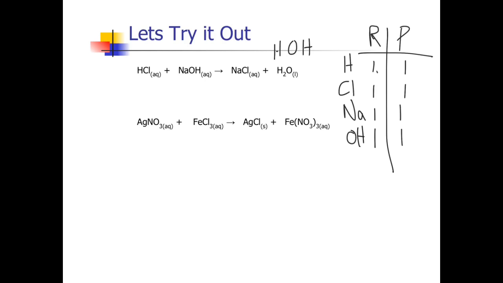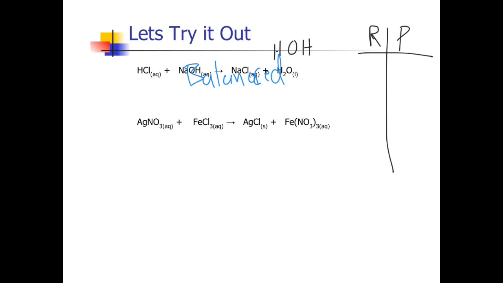What is this nonsense? It's balanced as it's written. And that's okay. That can happen. Sometimes you might always want to check your reaction, but sometimes it is right. And we go on to the next one.